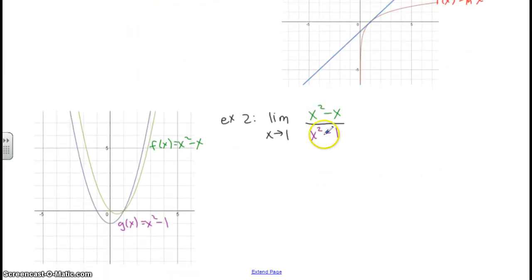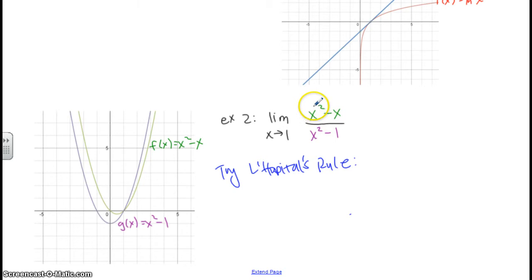Going to the bottom, example 2. I am now taking the limit as x approaches 1. We've tried this by factoring. Now let's try it by using L'Hopital's rule. L'Hopital's rule can only apply to indeterminate forms.